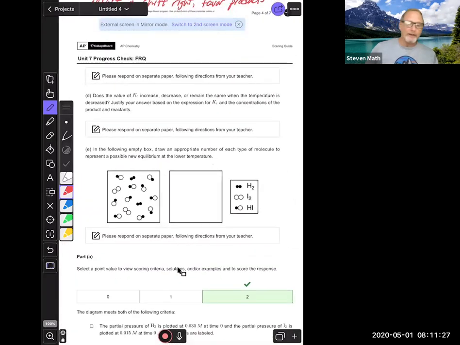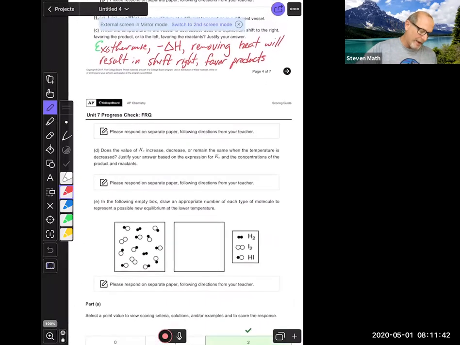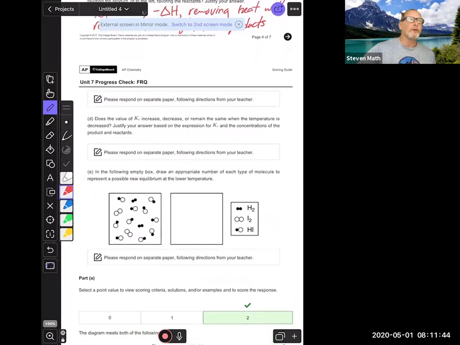Okay. Does the value of Kc increase, decrease, or remain the same when the temperature is decreased? And so H2 and I2 are decreasing. So let's take a look at this. This is a really neat question, actually.